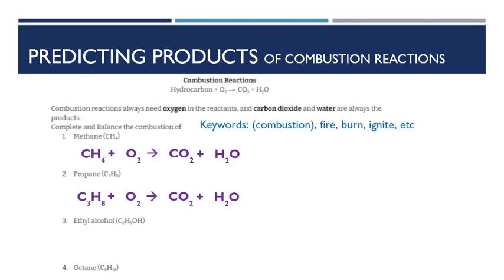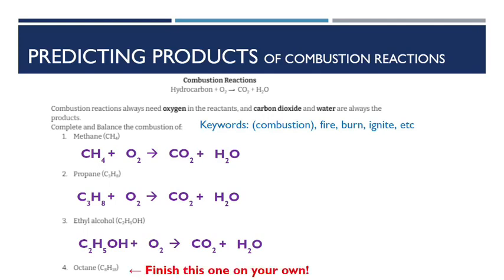In the lab that we did, you put ethyl alcohol, ethanol, on the lab table and ignited it. That's all I had to tell you. And at this point now, you should be able to say, okay, ethanol was ignited in the presence of oxygen, which means it made CO2 and H2O. So I want you to go ahead and finish this octane example. I want to see a reaction written out, even if it's not perfect. I'll stamp you as long as it's not blank, but it shouldn't be too hard to finish that one out.